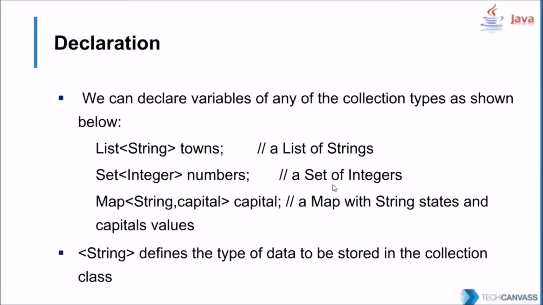What we can do is store them in a map, saying I have ID 1, which is info at Techcanvass, email ID 2, which is inquiries at Techcanvass, email ID 3, which is admissions at Techcanvass, and so on.